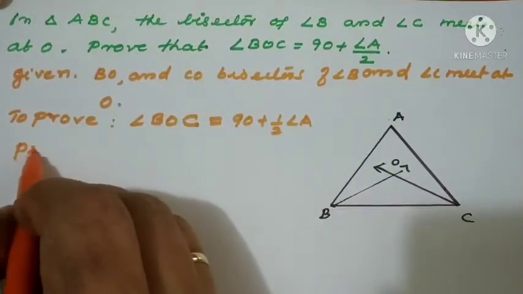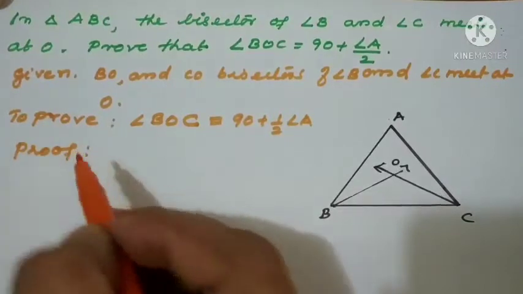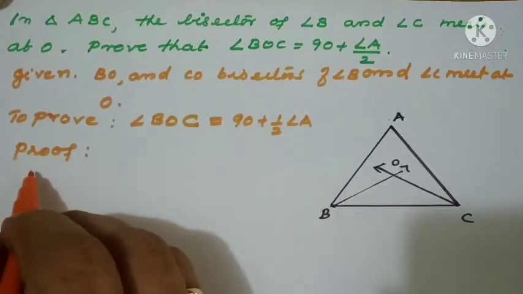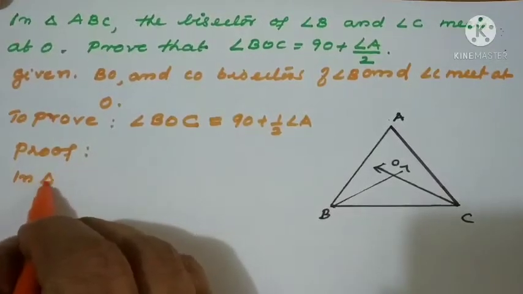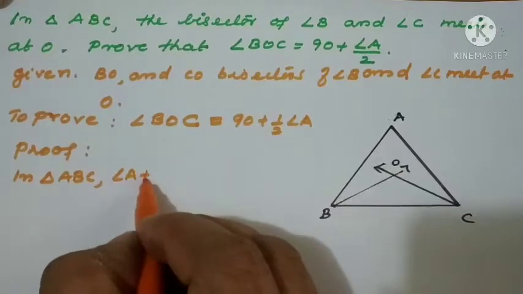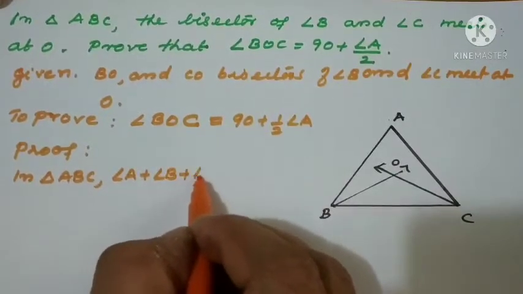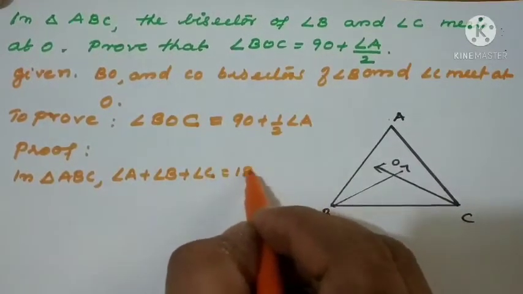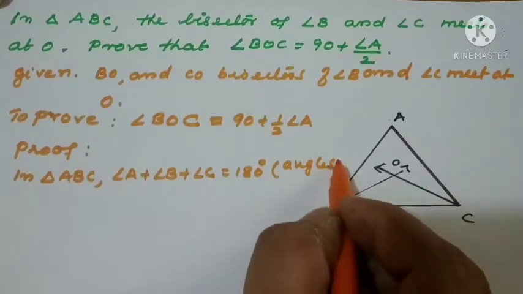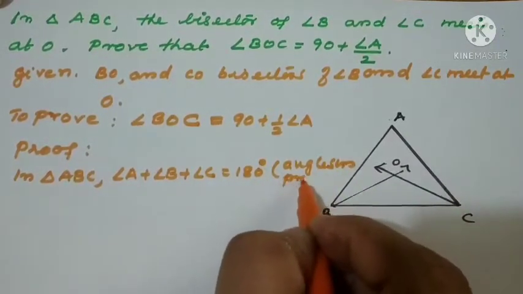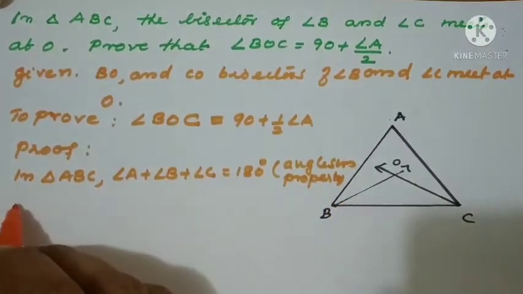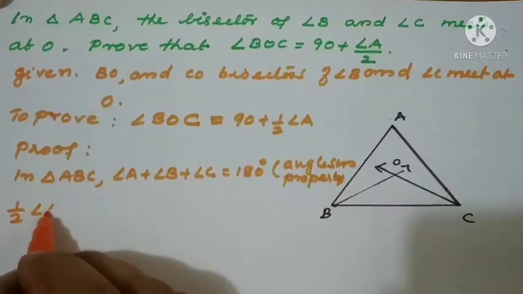Proof now. No construction is required here. We'll go for triangle ABC first. In triangle ABC, angle A plus angle B plus angle C equal to 180 degrees, angle sum property. Because we are going to use the bisector property, we will divide by half throughout the equation.